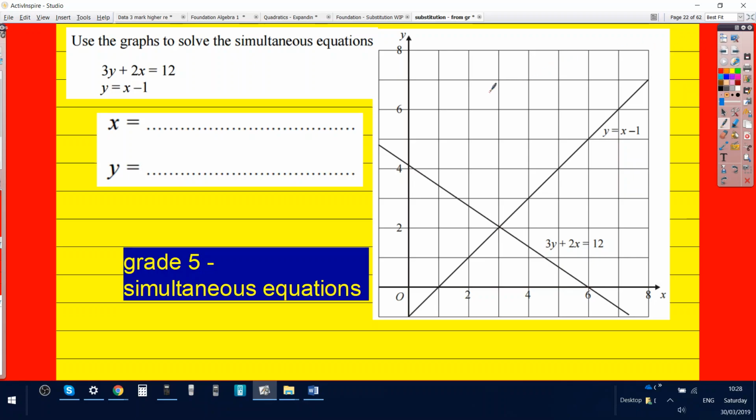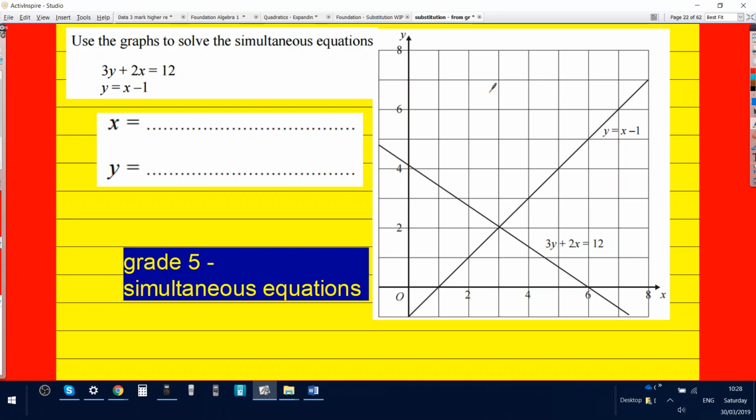Any idea how to do this? Okay. So would you have to make the equations the same because they're simultaneous equations? Yeah, you can use the graphs to solve it. Okay.